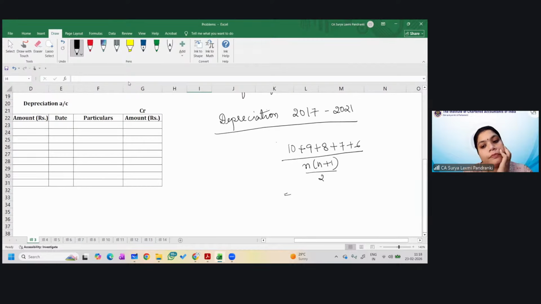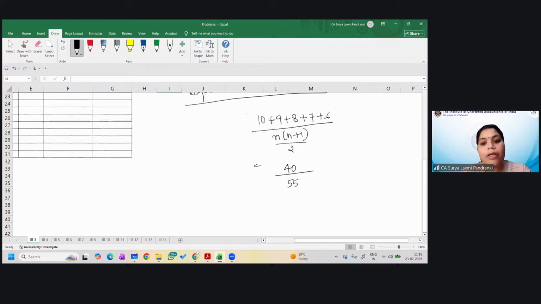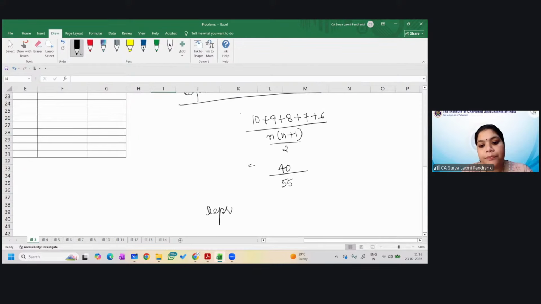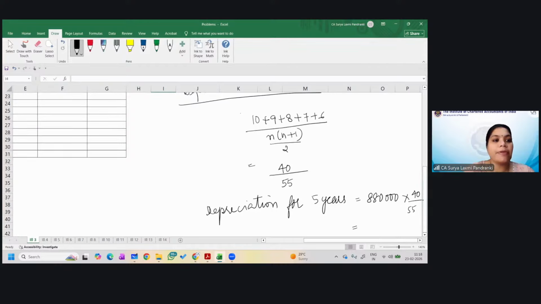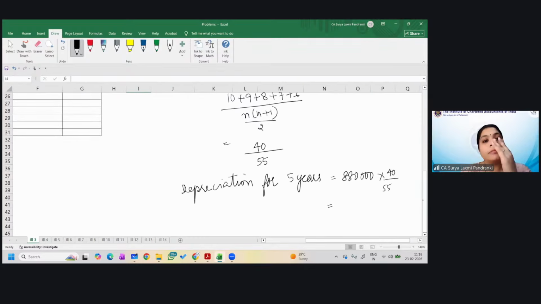Total. Denominator is 55 because I think we have done it when we did the example. But what is the numerator? 40. Okay, 40 by 55. So now depreciation for 5 years will be how much? 8,80,000 into 40 by 55. How much is this? Depreciation for 5 years?